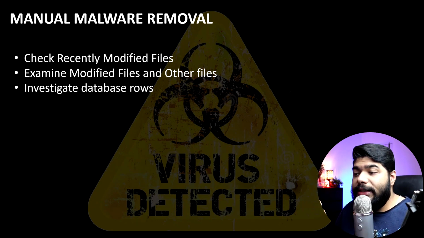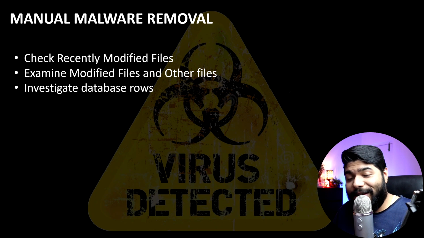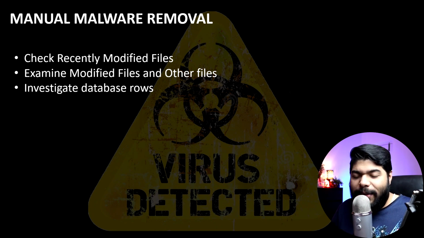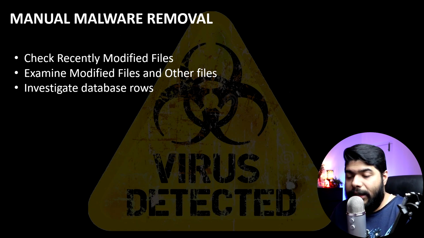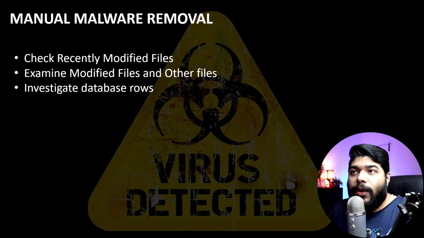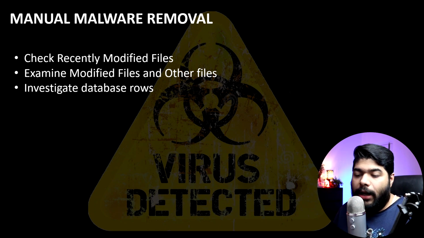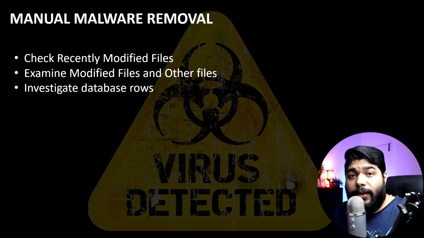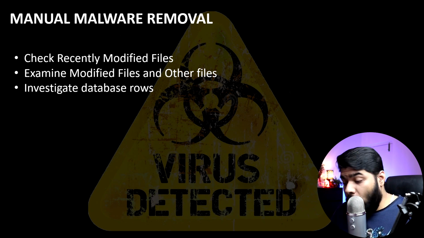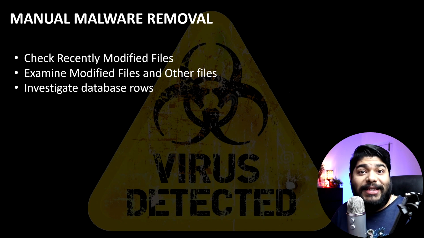Okay, third point is to investigate your database rows. So what do I mean by that? If you are running a website, I will assume that it is not a simple static website, it will be a dynamic one. So you will have a backend database in your website to store your user data, user information and stuff like that. So you have to investigate your database rows to identify if someone has created a backdoor.